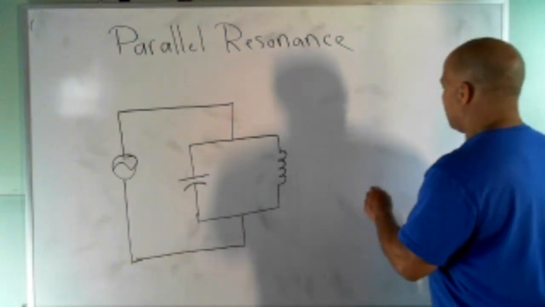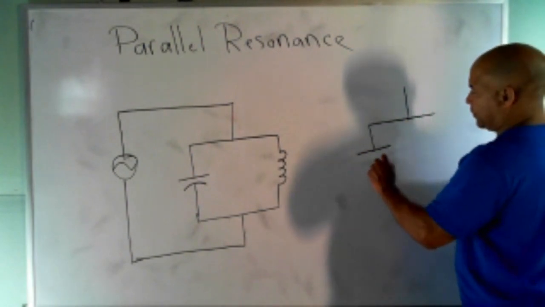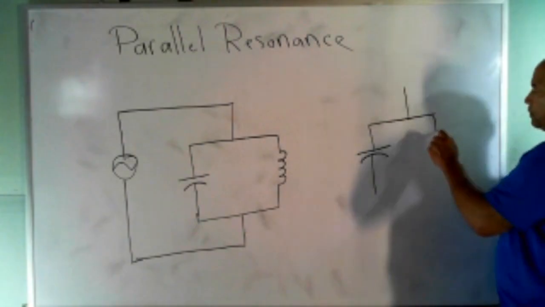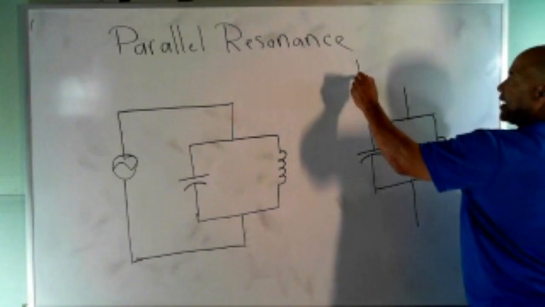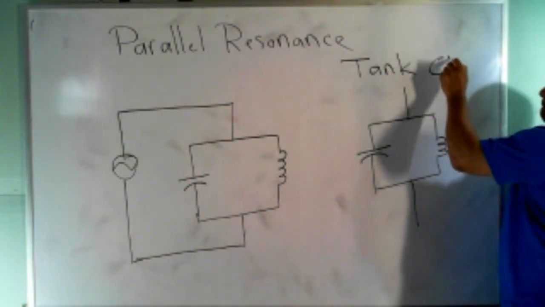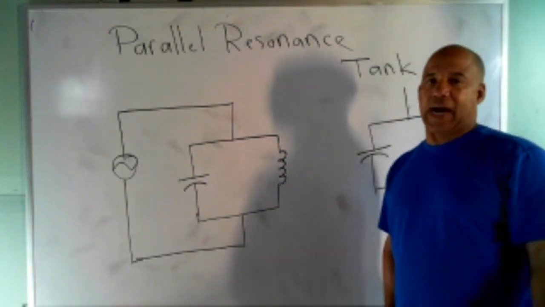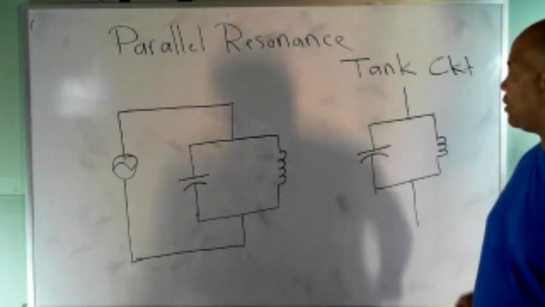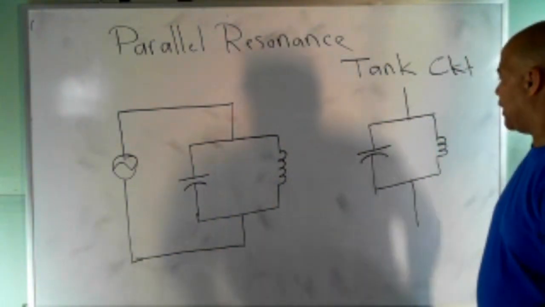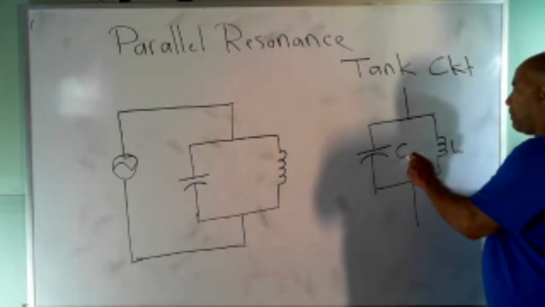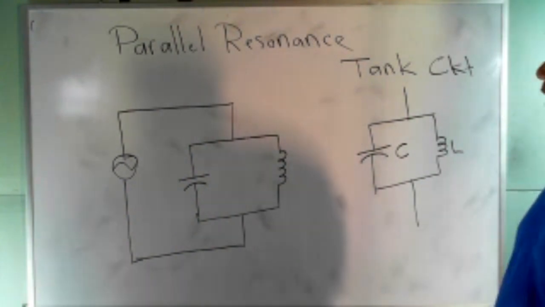In communications, when you have a resonance circuit like this, it's called a tank circuit. It's used widely in electronic communications for tuning when you go from one station to another. So this LC circuit, the tank circuit, is used extensively in electrical communications.